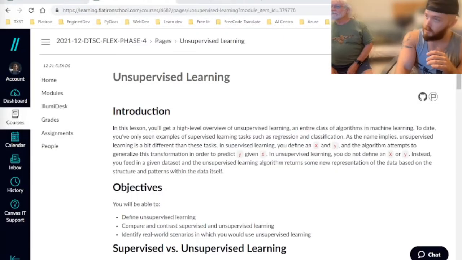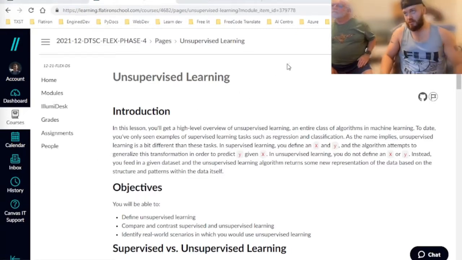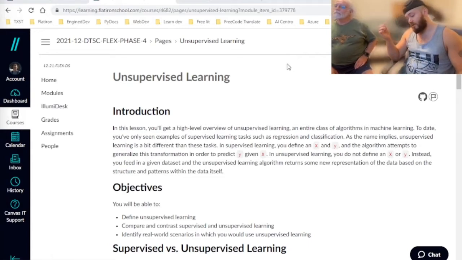So what this module was all about was something called principal component analysis, which is a type of unsupervised learning, as you see right there. You remember when I was doing phase 3, I was telling you that I was learning all this supervised learning stuff, and that required a label, right?